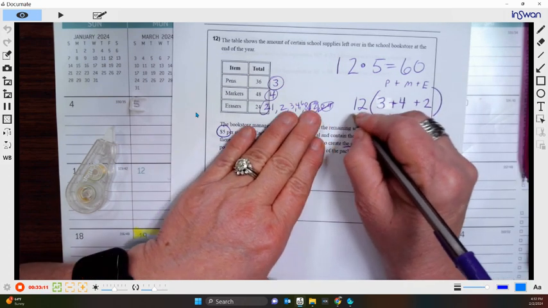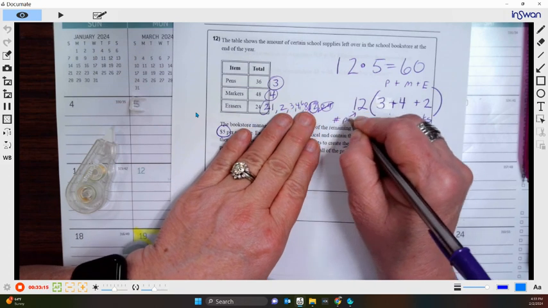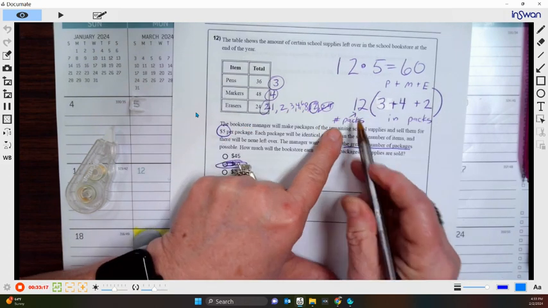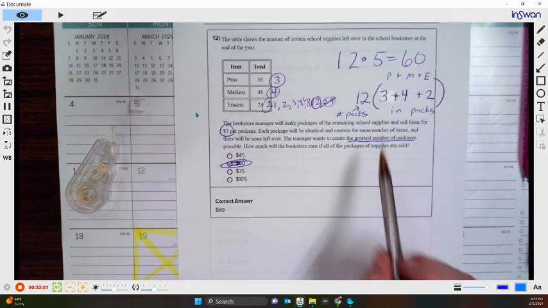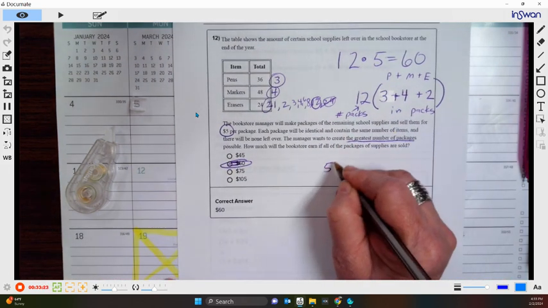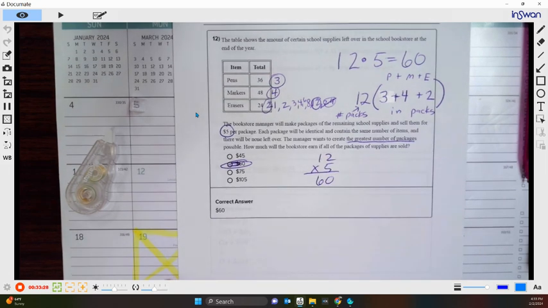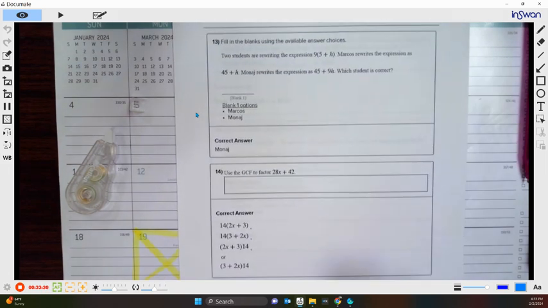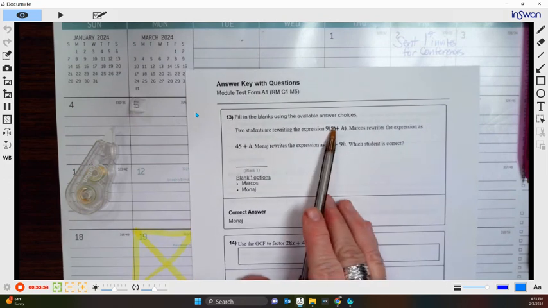And this is the number of packs, and each pack contains that. They are the same. And we have the rate of $5 times the number of packs, and that's $60. Correct answer.